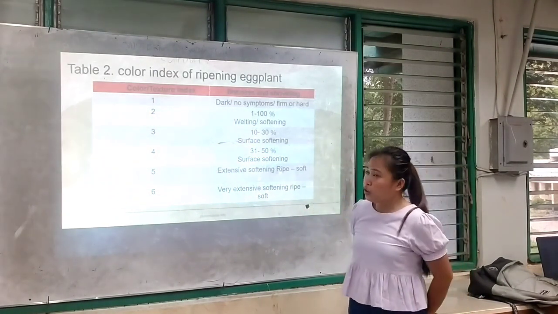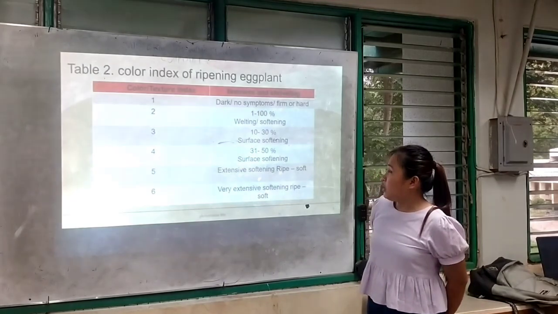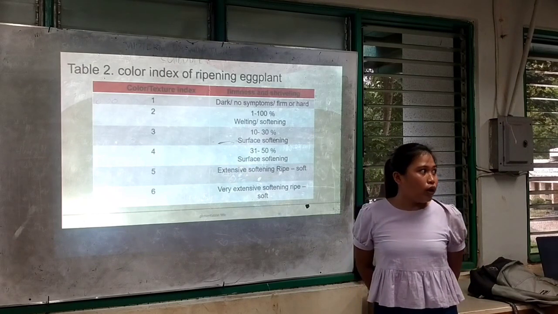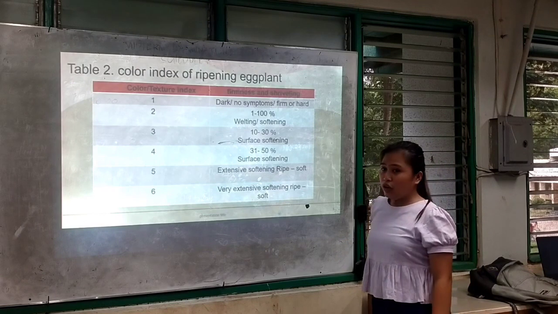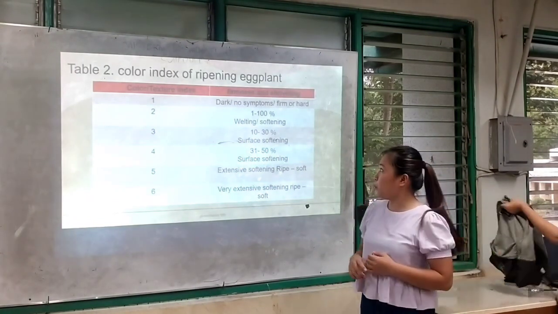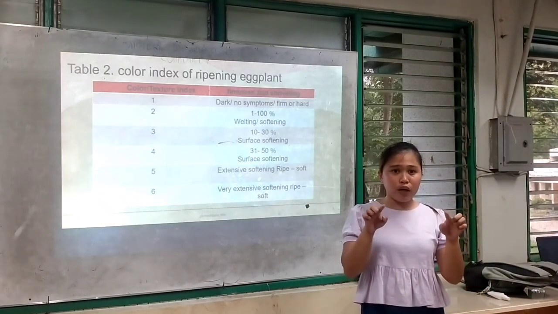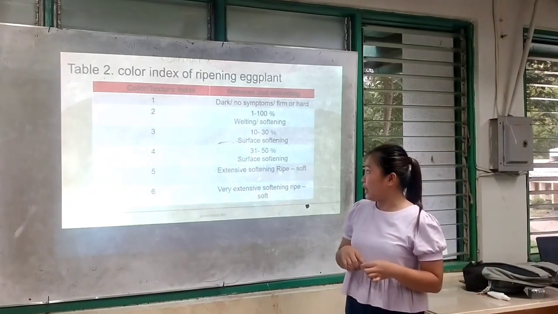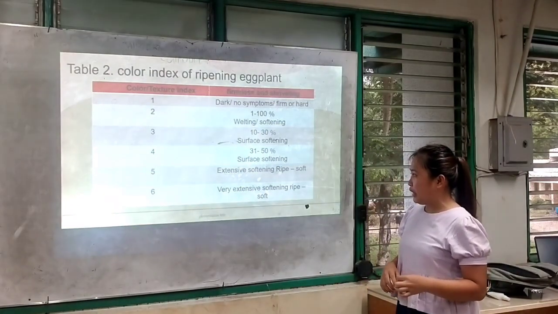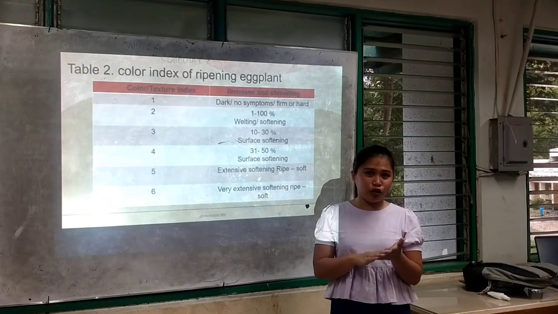For the color or texture index, 1 is dark, no softening, or firm, hard. 2 is 1 to 10% softening of the sample, and number 3 is 10 to 30% surface softening. 4 and 5 is extensive softening of the sample, and number 6 is very extensive softening, so those that are already very soft.